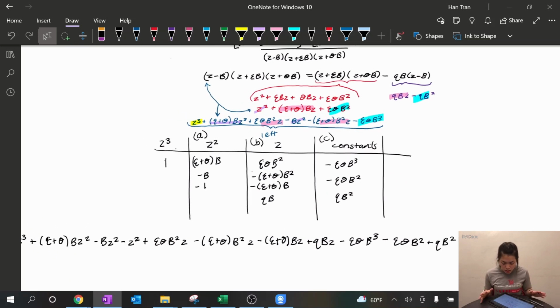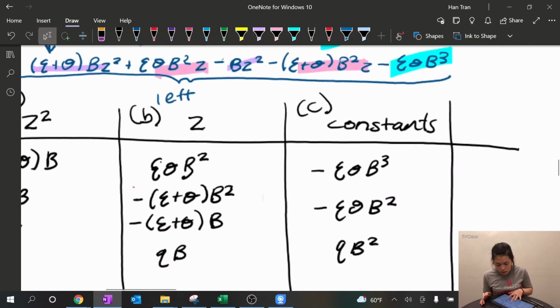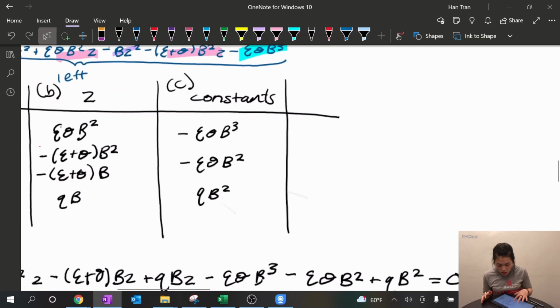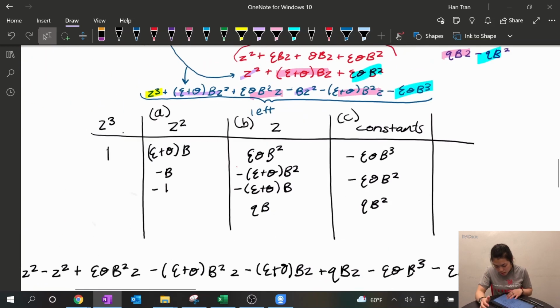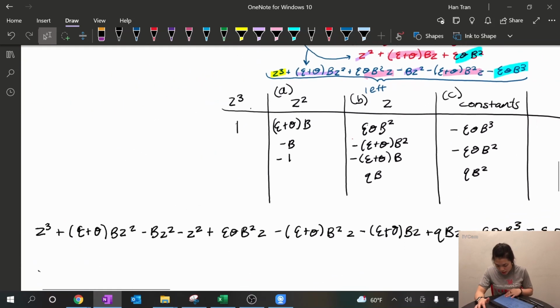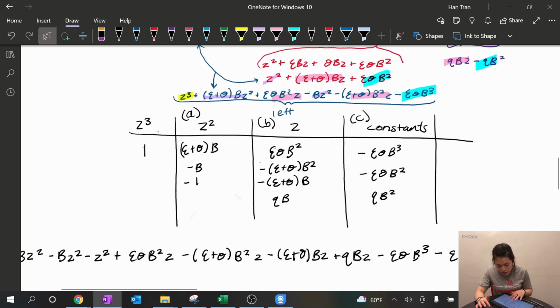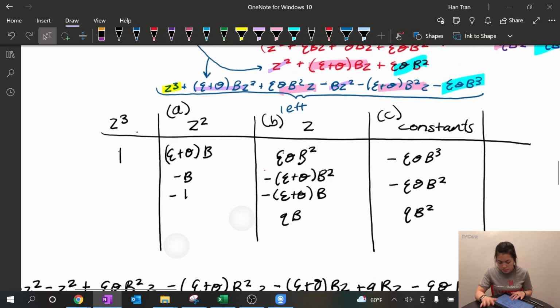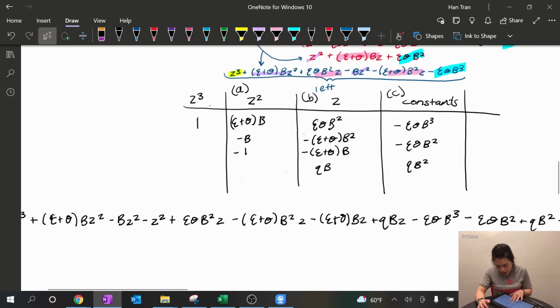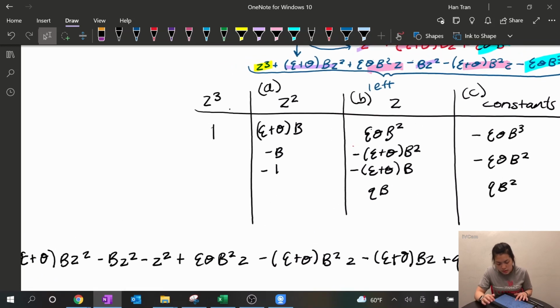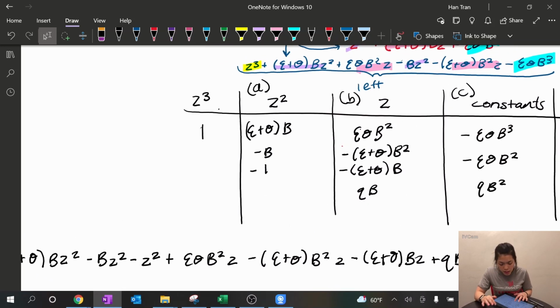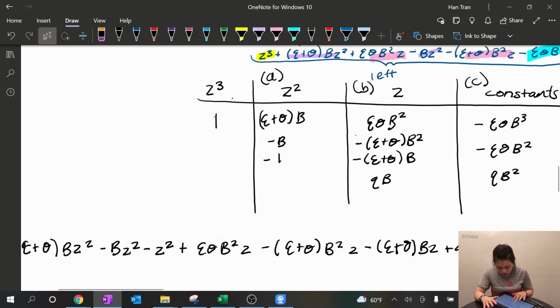So the cubed compressibility factor terms, the squared compressibility factor terms, the compressibility factor terms, and then the constants. For the cubed compressibility factor, we have just one, so all we have here is the cubed. And then for the compressibility factor squared terms, we have epsilon plus sigma multiplied by beta minus beta and negative 1.